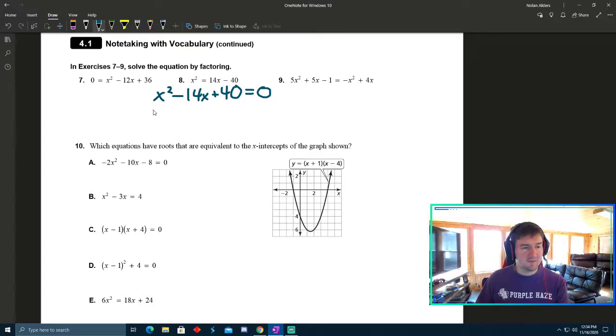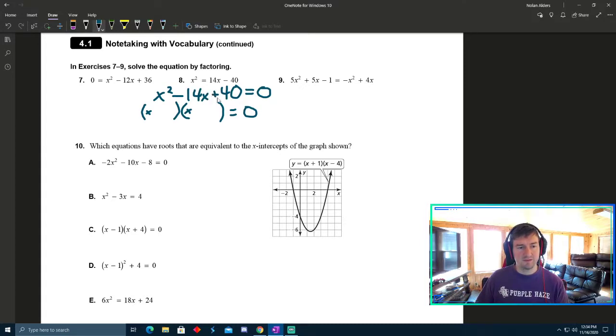There's probably different ways of doing this, but I like the trial and error method to start with, to see if we can figure it out. All right, so we'll have an x on the left side for both of them. So x times x is x squared. This is a positive, so you always look at this sign over here.